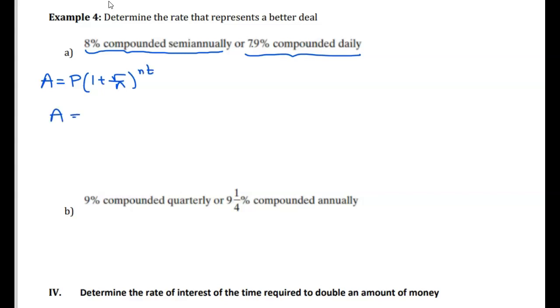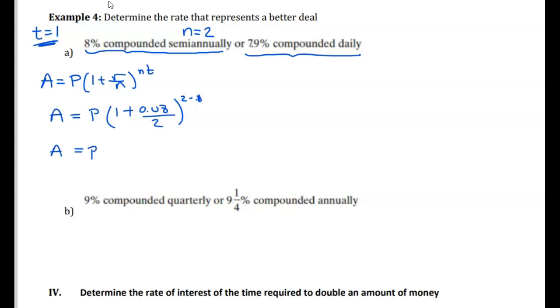So the amount equals principal times 1 plus 0.08 over 2, since semi-annually means n is 2, times 2. Let's take the time to be 1 year. It doesn't matter if you take 1 or 10, as long as you're comparing. We're doing the same for both.